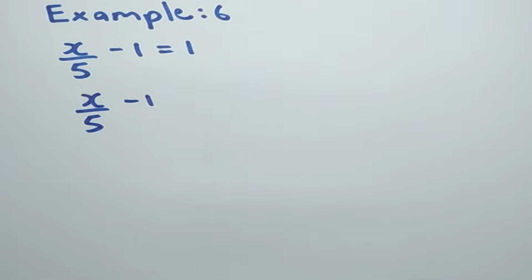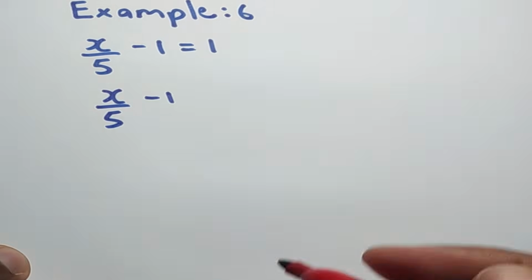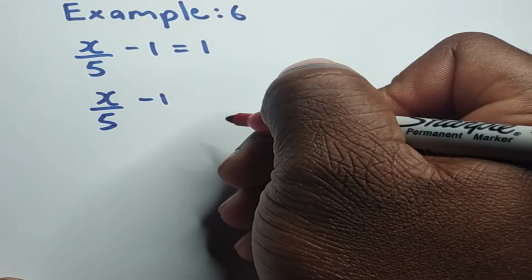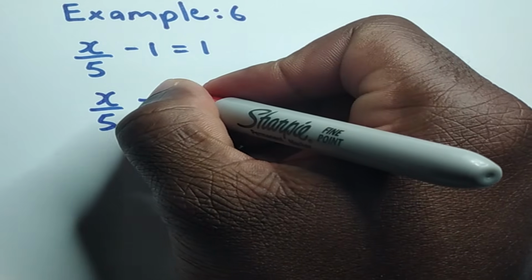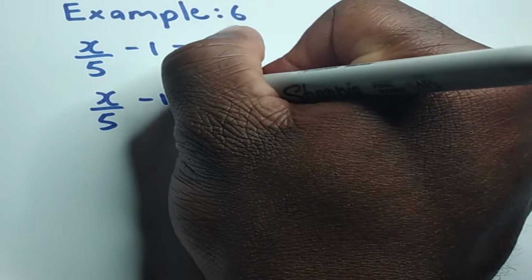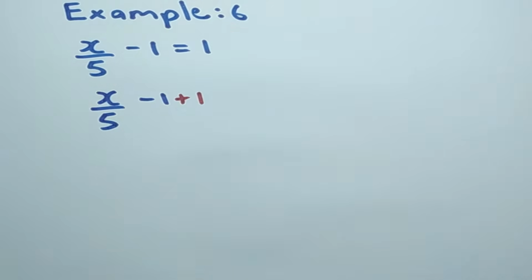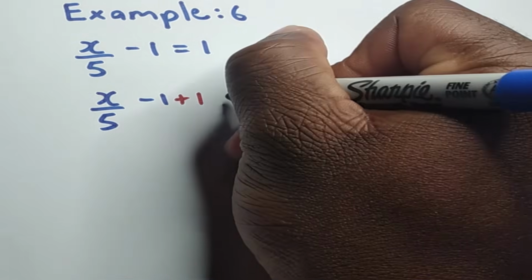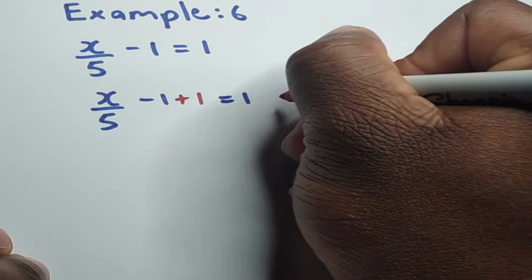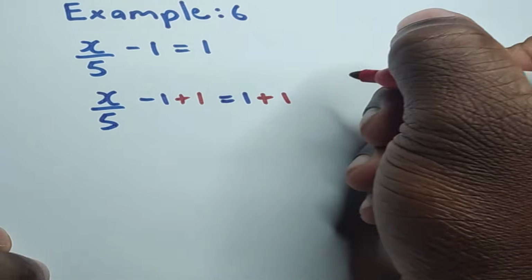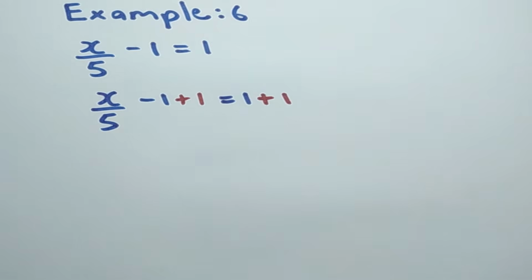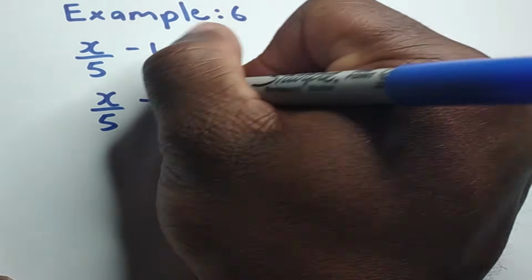Now, the key thing to note, again, whenever we want to get rid of something, we are required to do the opposite of the operation that is taking place. So here we have a minus 1. The opposite of that would be adding 1. And whatever we do to one side, we are required to do the same thing to the other side. So we have to add 1 over there as well. So negative 1 plus 1, these two things cancel out.